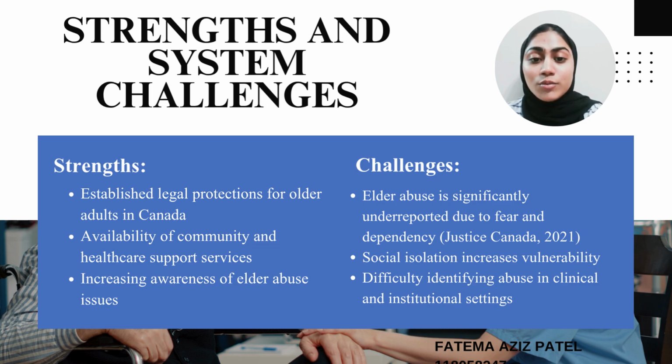There are also community and healthcare support services available, such as social workers, nursing care, and community organizations, which provide assistance and protection for older adults. In addition, there is increasing awareness about elder abuse nowadays. More education and public health campaigns are helping people recognize the signs and understand the importance of reporting.